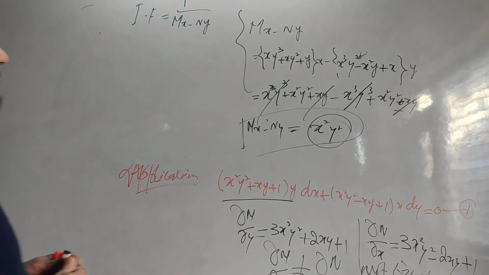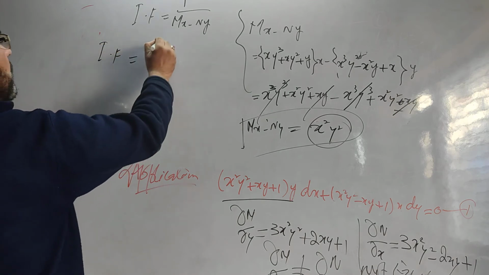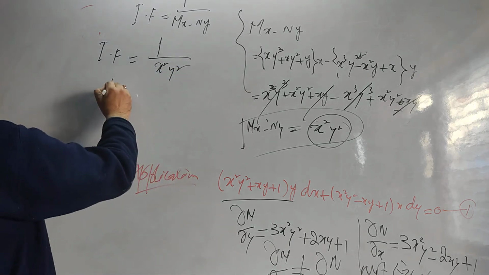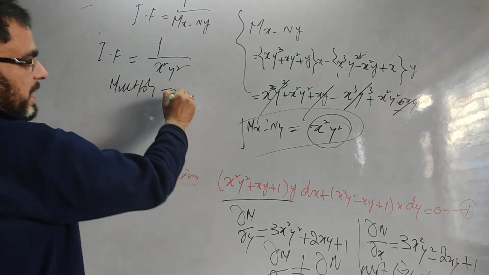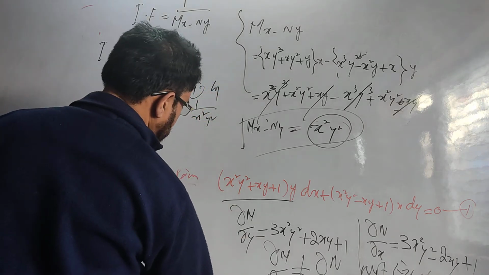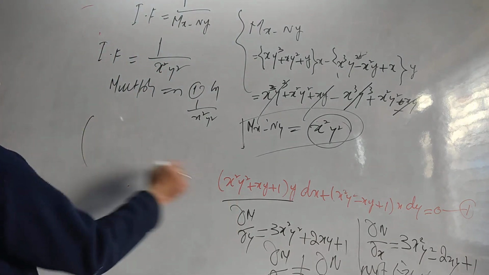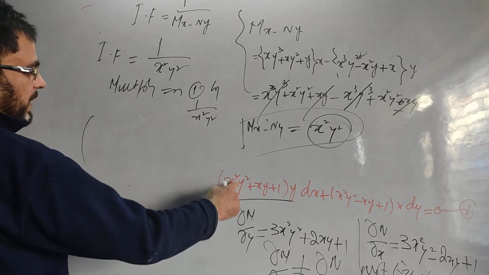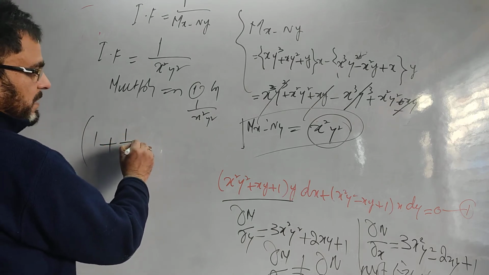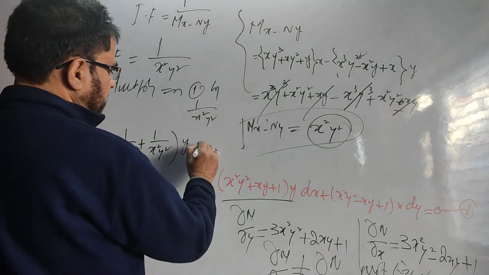So what is the integrating factor? The integrating factor for this is 1 by x square y square. Multiply the equation first by 1 by x square y square. When you multiply by this, this comes out to be 1 by x square, this is 1 plus xy by this, it is 1 by xy, plus 1 by x square y square into y dx.